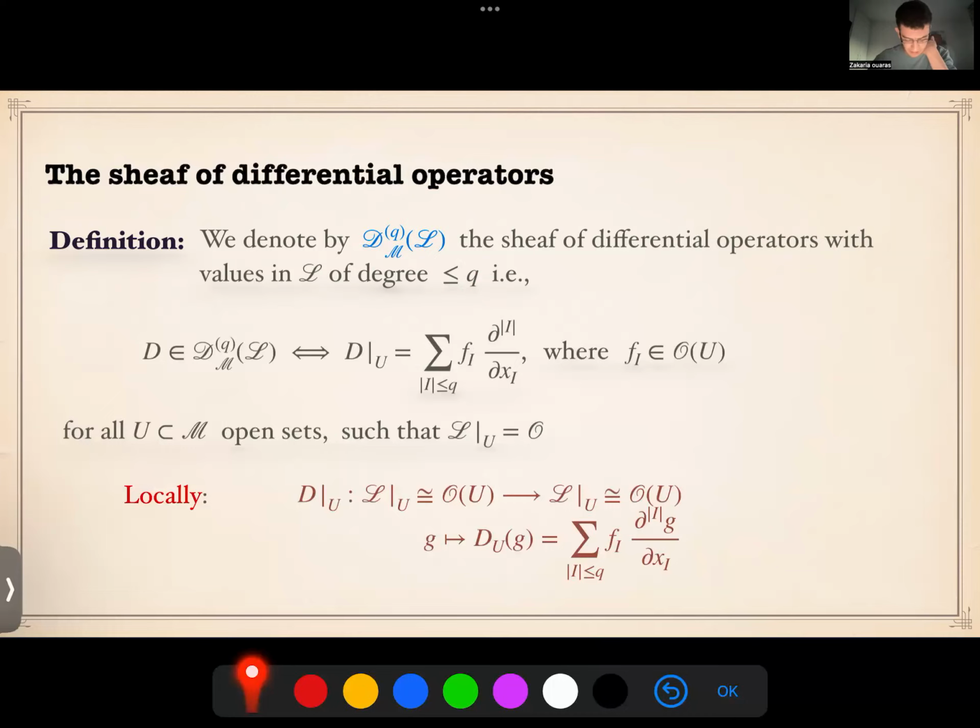So locally, your line bundle is a trivial line bundle on the open set. If you take any section, you can see it as a local function. And if you act by differentiating your local sections, you will get another function. And by identification, you will get a section. So this object can be glued together to have a global differential operator that acts on sections of L.